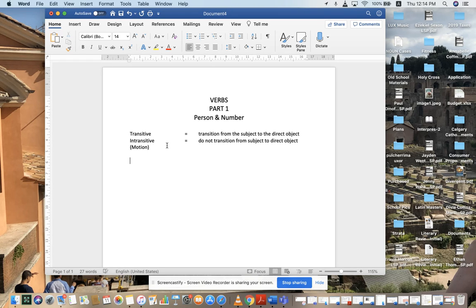So getting back to person and number. Let's start with the easiest, and that is number. Number is pretty much how many. Remember that a verb, and I'll put this down over here, big asterisk, is dependent on the subject. And I'm going to say always, and you can challenge me on that if you'd like.